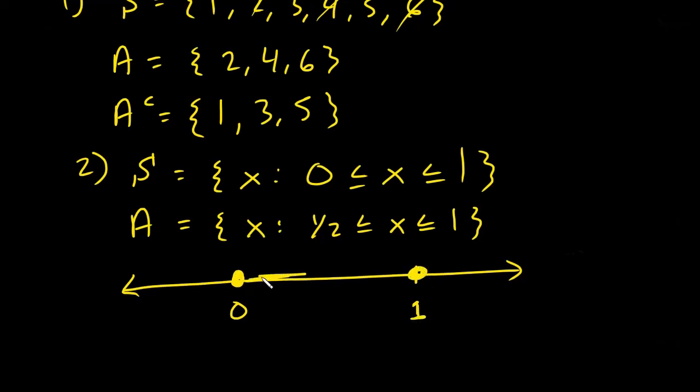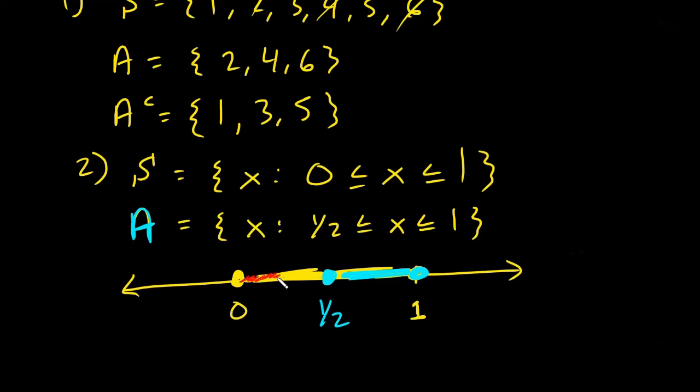This is my sample space in yellow. And then if I were to draw out A using blue, A goes from 1/2, including 1/2, all the way until 1, including 1. So then the complement would be everything else.